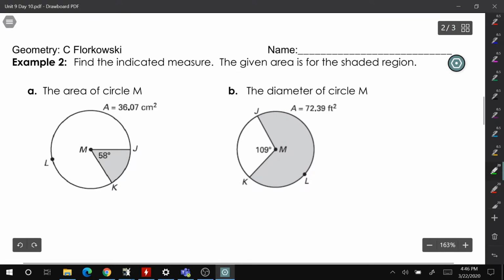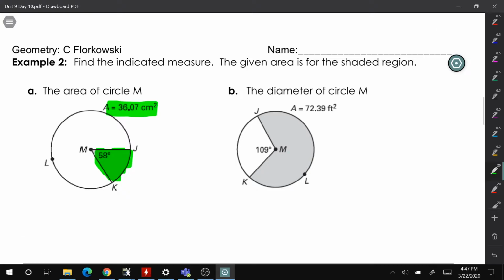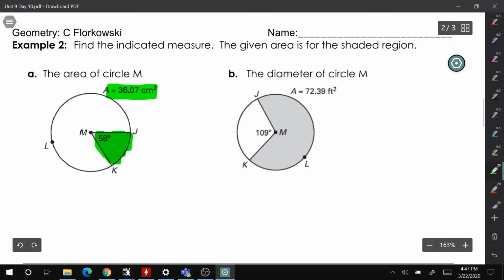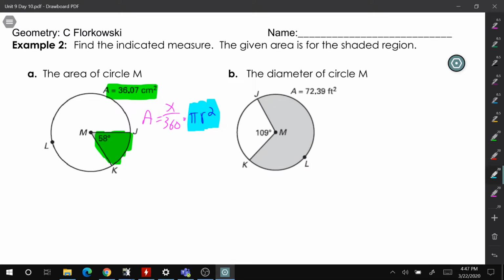So here we're given the area of the sector. So we're given that this area is 36.07, and we want to find the area of the whole circle. And just kind of like what we did yesterday, we're going to plug that in to the formula. So area equals x over 360 times pi r squared. And we don't need to get the radius by itself. We just need to get this part by itself because that's the area.